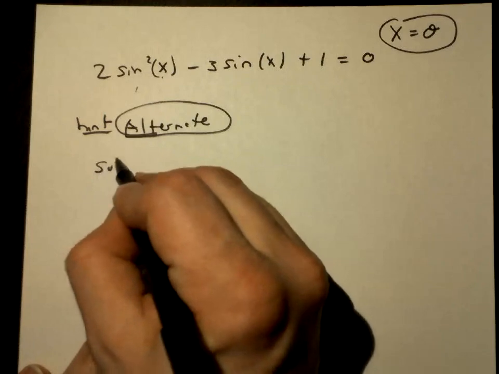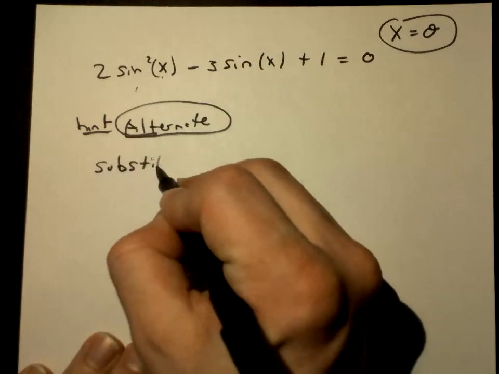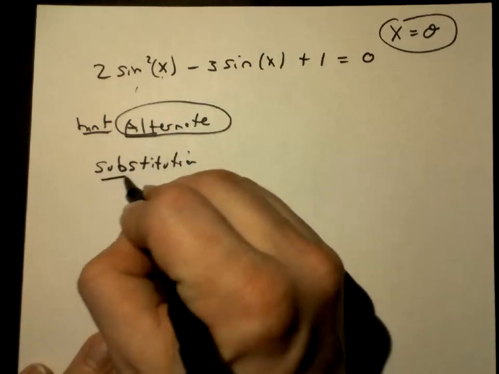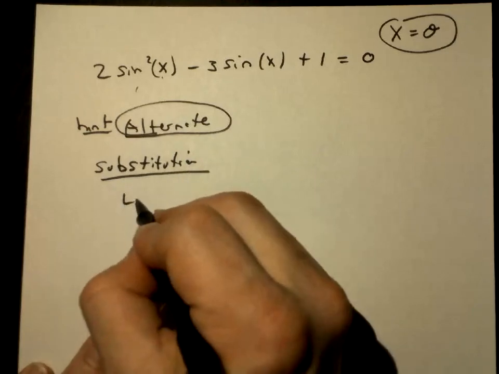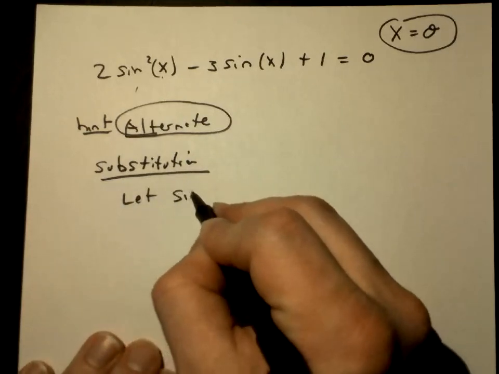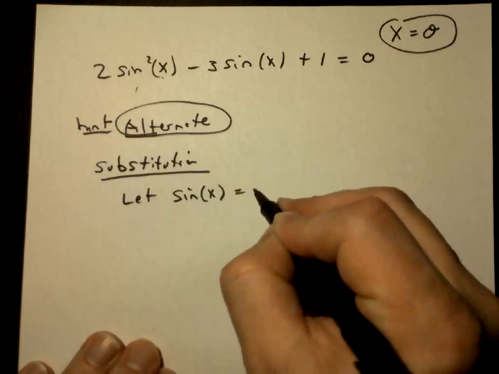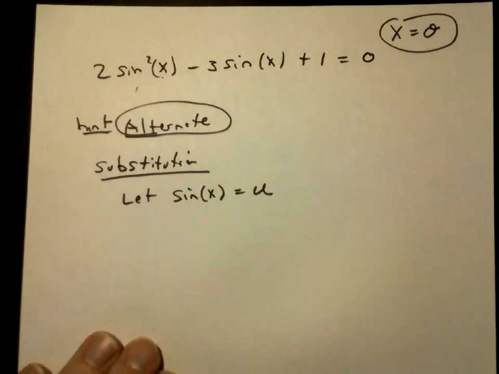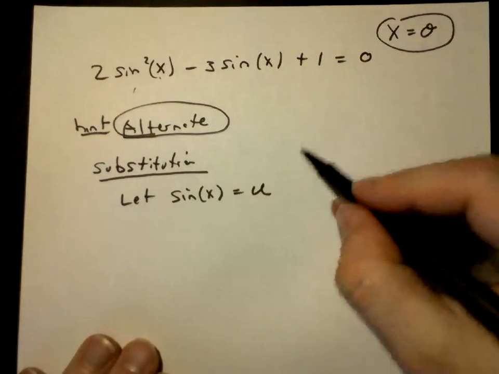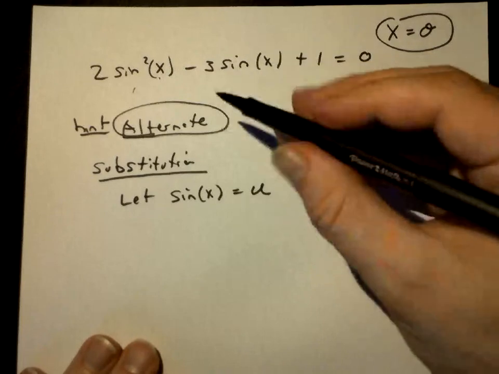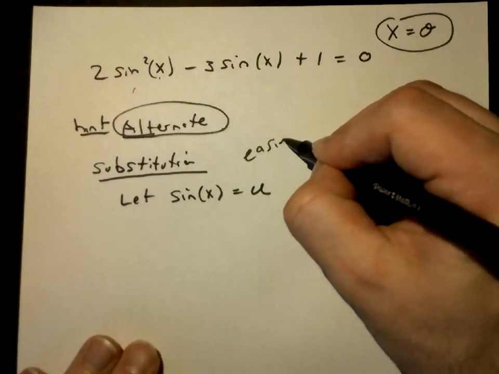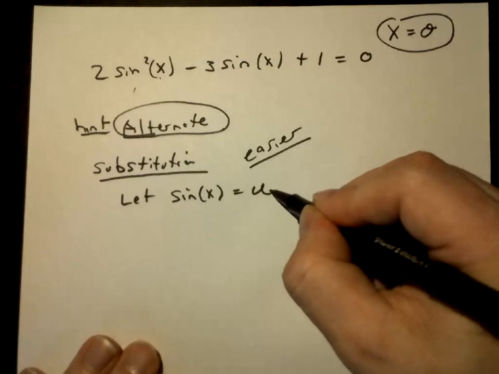Let's do a little substitution. Let sine of x equal, why don't we call it u? Let's just call it u. Why do I want to do that? Because I'm trying to make it easier for you to see. And I can do that.